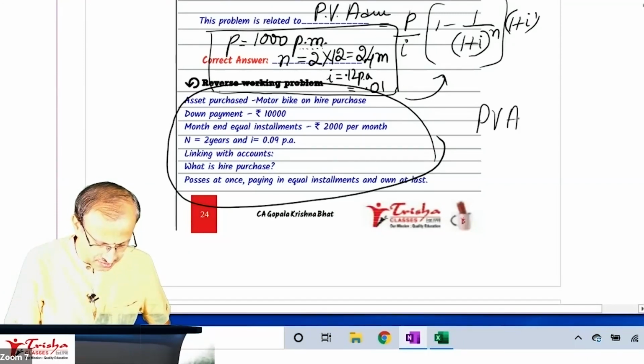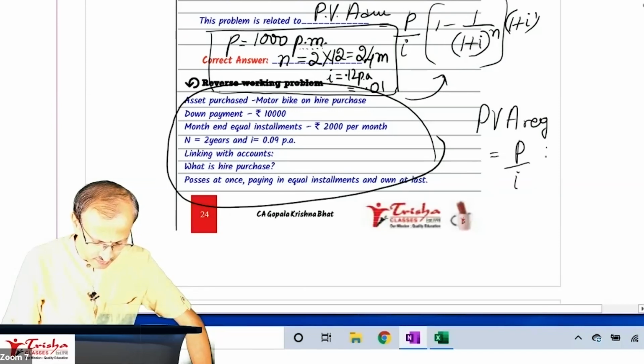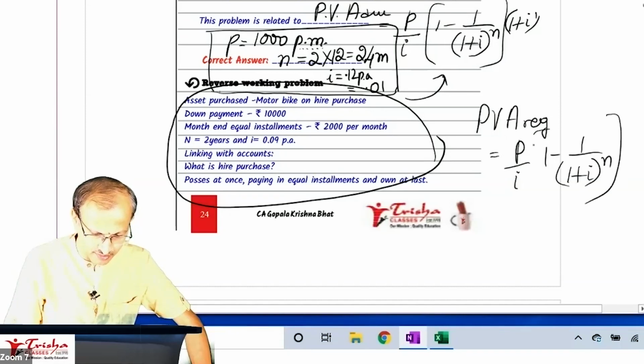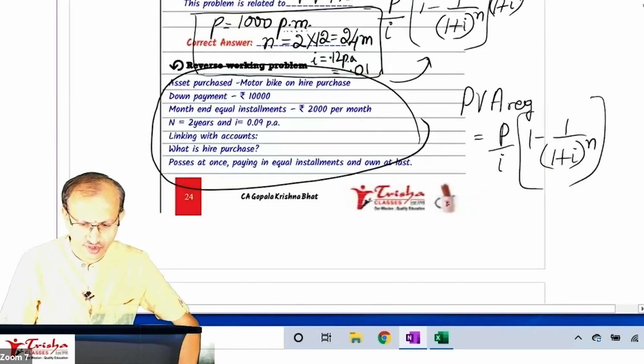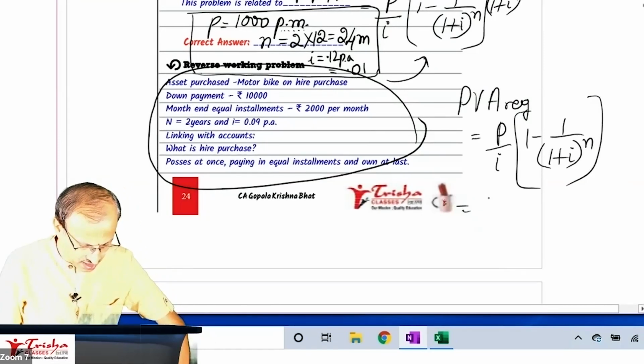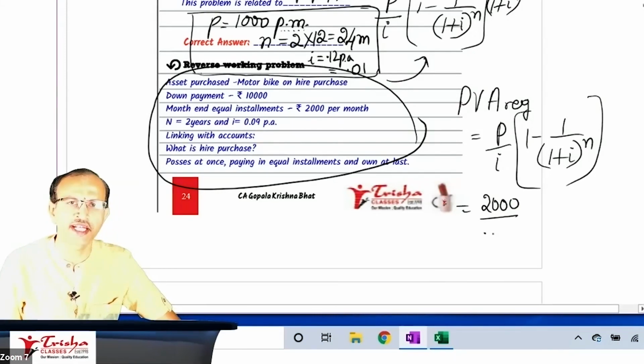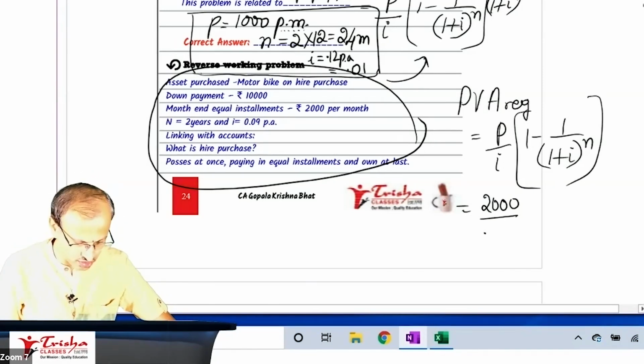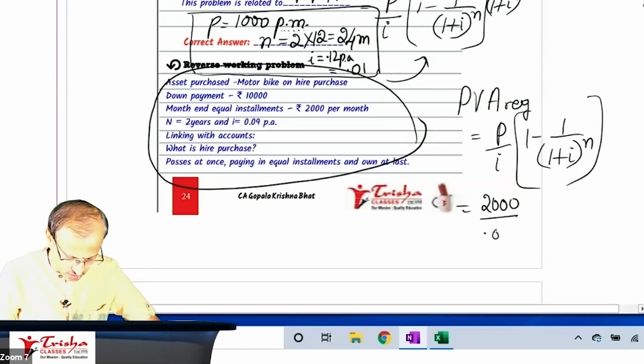present value of annuity. It is regular. You have to apply P by I into 1 minus 1 over 1 plus I to the power n. I'm just giving you some tips. P is 2000 per month, divided by 0.09 per annum, divided by 12, so you will get 0.0075.